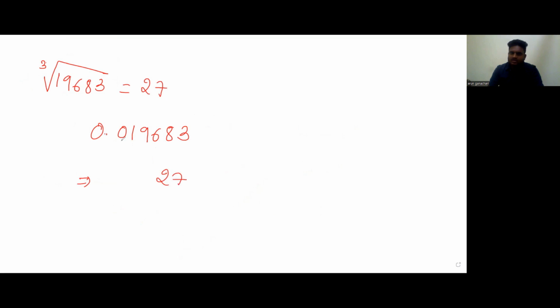How many digits are there? 1, 2, 3, 4, 5, 6. So 6 has to be divided by 3. What is 6 by 3? 2. So my number of digits after the decimal has to be 2. 1, 2. My answer is 0.27. Getting this? This is how you find the cube root of decimals.